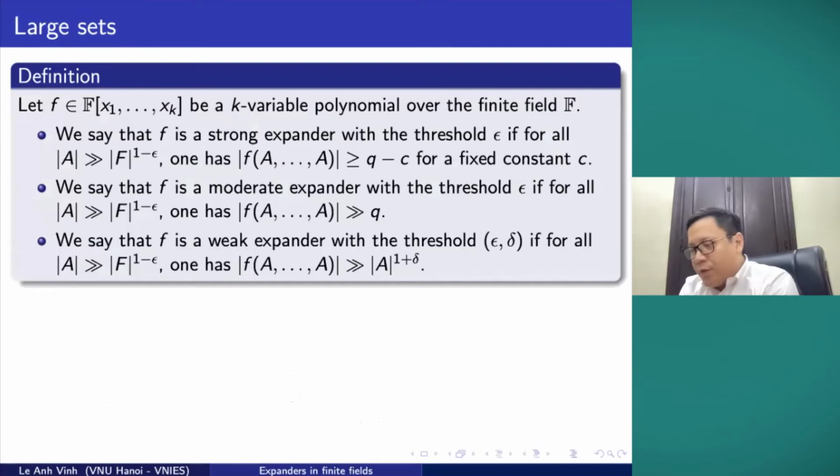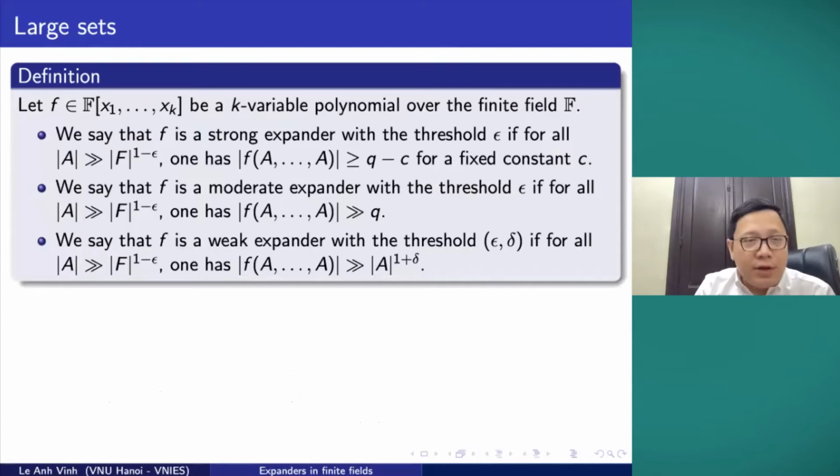But before we move to a more precise statement, let me recall the definition of the expander. We classify expanders by the growth rate. A strong expander is the case where, if you have the set A and you apply the function f to that set, you can cover most of the field except for only a few exceptions.